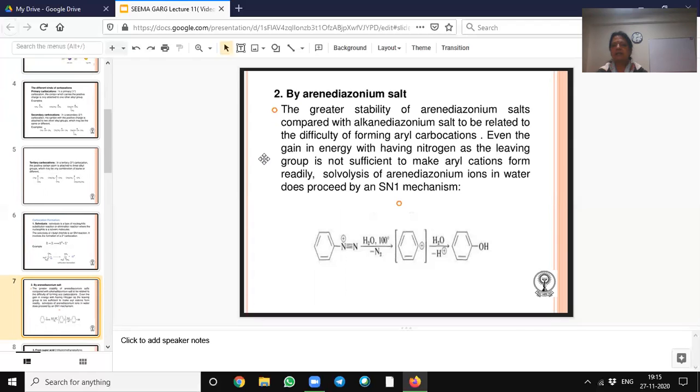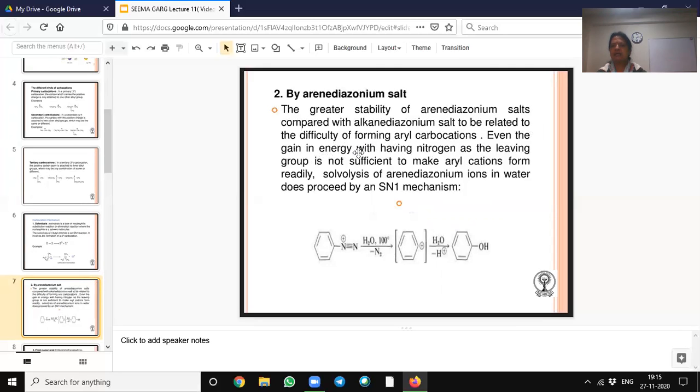By arene diazonium salt: here, this arene diazonium salt also forms a carbocation. It is again an SN1 mechanism. The greater stability of arene diazonium salts compared with alkane diazonium salts is related to the difficulty of forming aryl carbocations.